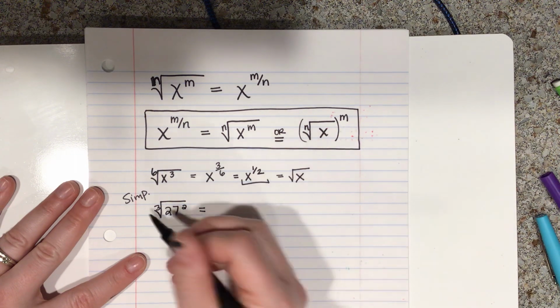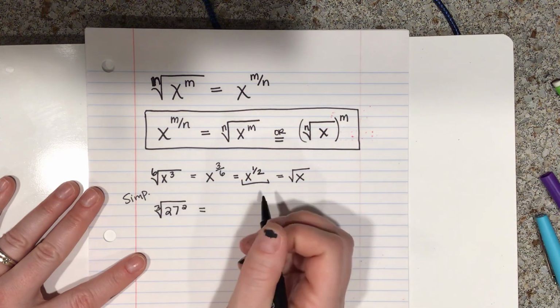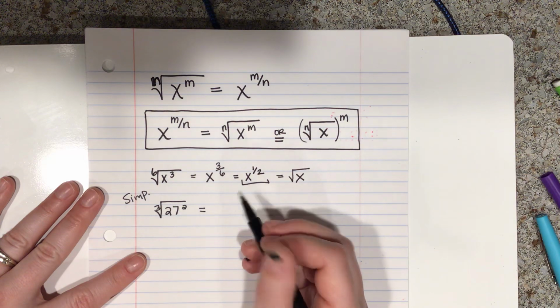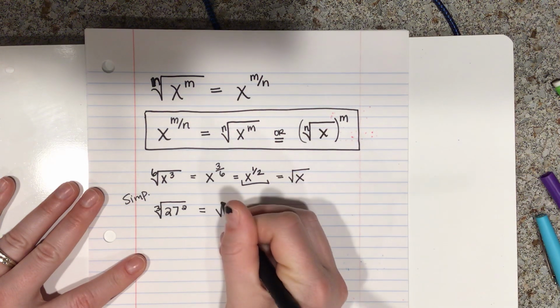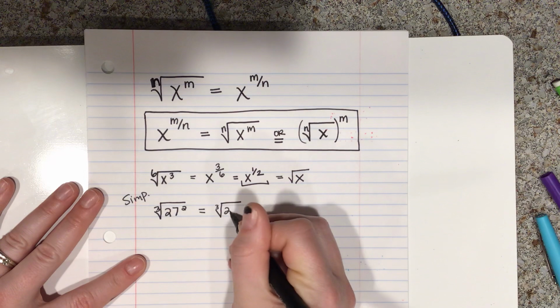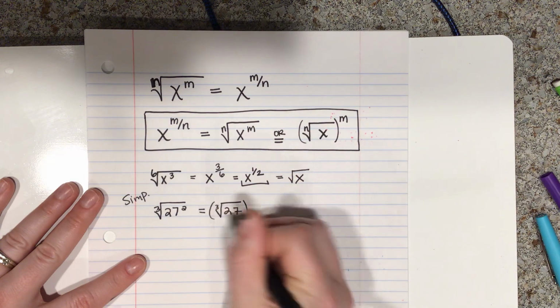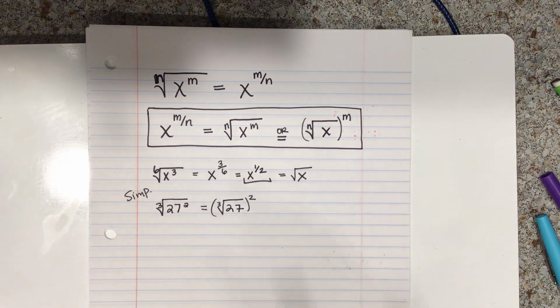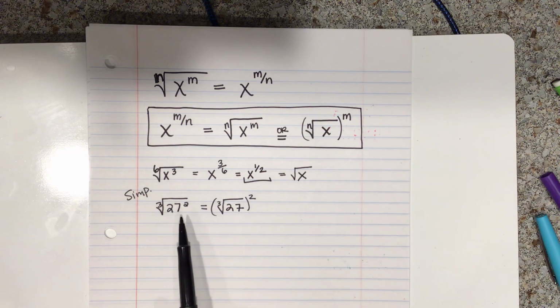Well, if I have the cube root of 27 squared, I can work with it like that. Or I can look at it like the cube root of 27, and I can put the squared on the outside. Now, the reason that this is helpful is, the truth is, I have no idea what the 27 squared is. I don't. So that's not as helpful of a form for me.